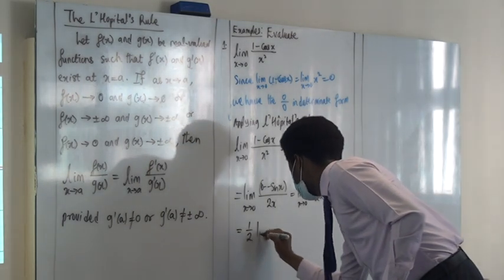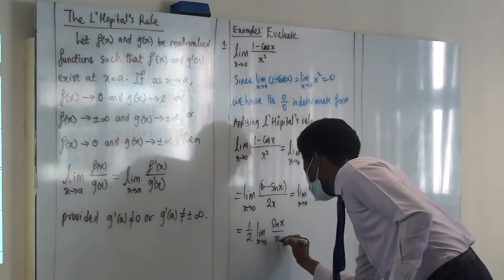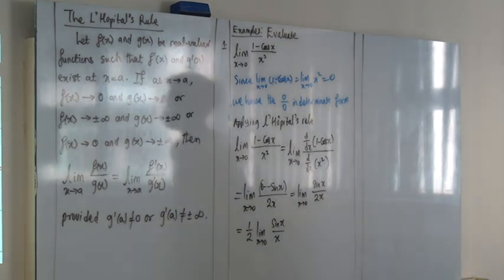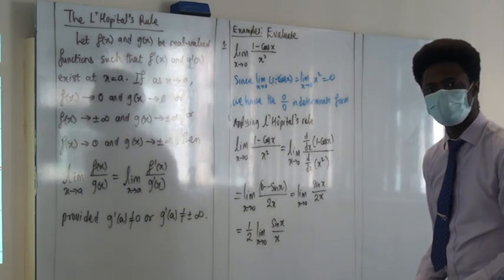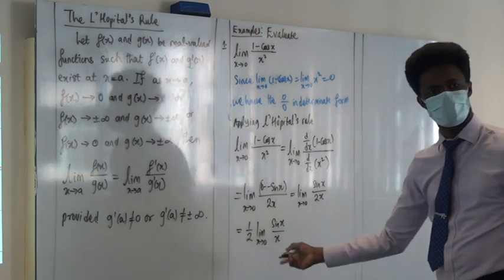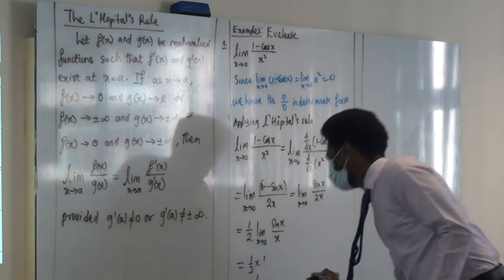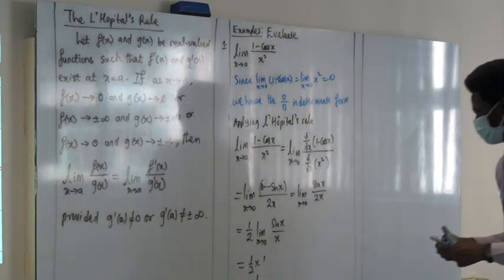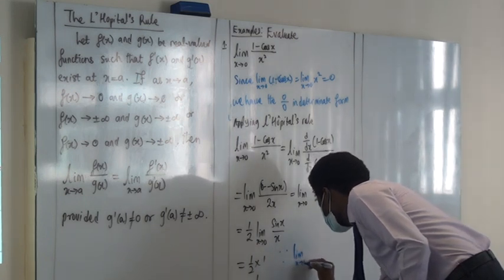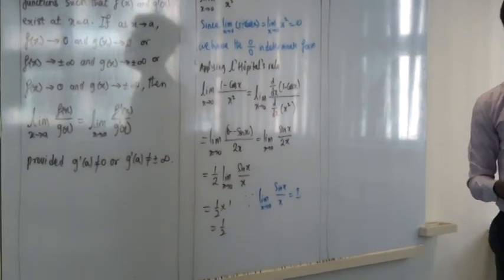So 1 over 2 times the limit of sine x divided by x. Did you see something here? That's 1, the fundamental trig limit. Half times 1. Why is that half? Because we know that the limit as x tends to 0 of sine x over x is equal to 1. We've done that before.